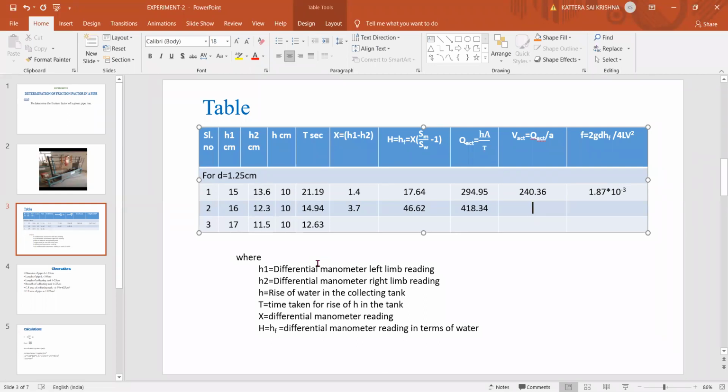Sai Teja. Pranav, tell the V actual value. 340.49. 340.49.